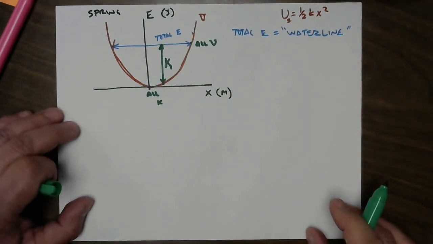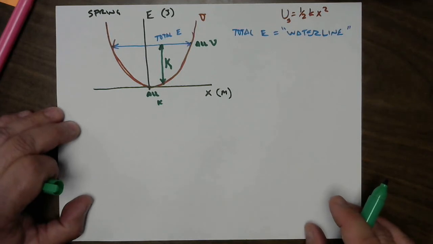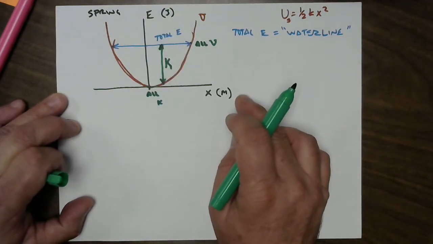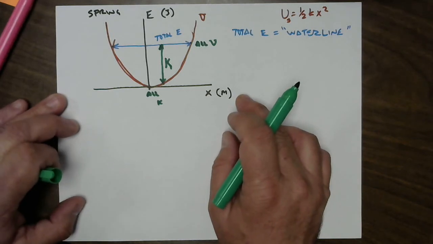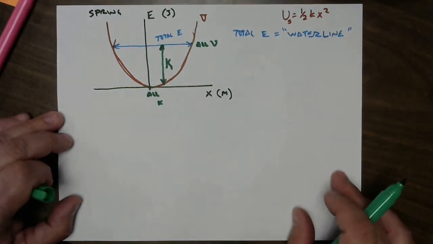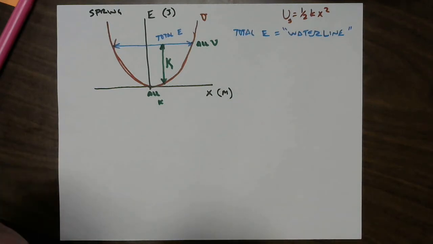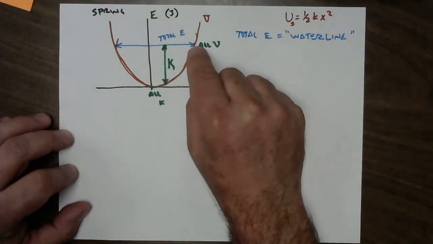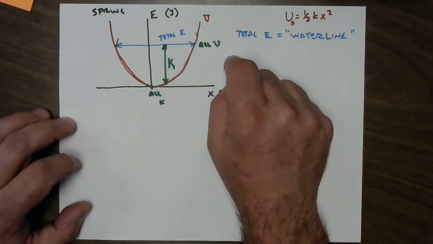So in reading potential energy curves, you look at the curve on an energy versus position diagram. You can get your force by taking a derivative or a slope, and it's the negative derivative or slope. You can spot areas where an object might be bound. You can find the turning points by finding areas where it's all potential energy.